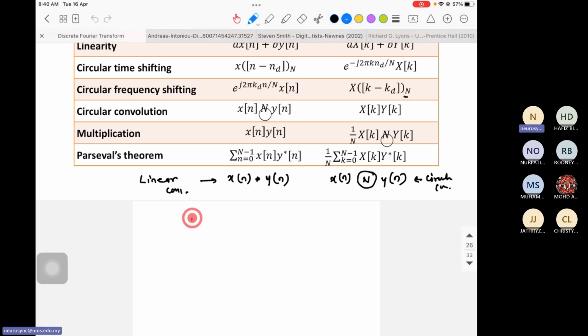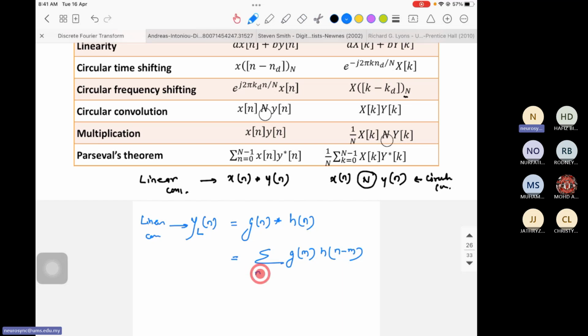Suppose y of n is equal to g of n convolved with h of n, and this is linear convolution, so I am writing subscript L. If I expand this, I write the summation of g of m into h of n minus m, and this summation is over m from 0 to N minus 1, and n goes from 0, 1 till 2N minus 2.